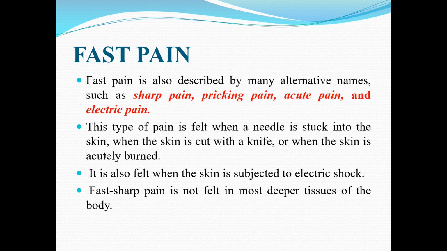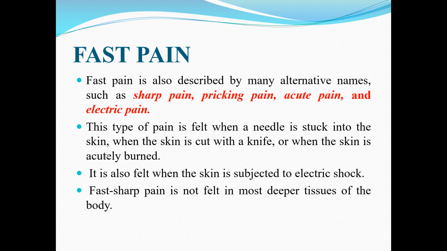Now let's talk about the fast pain in detail. The fast pain is described by many alternative names: it is a sharp cutting type of pain, a pricking type of pain, acute pain, electric pain. This type of pain is felt when, for example, a needle is stuck in your skin, or when the skin is cut with a knife or acutely burned.